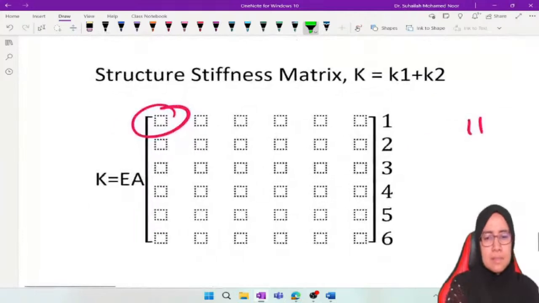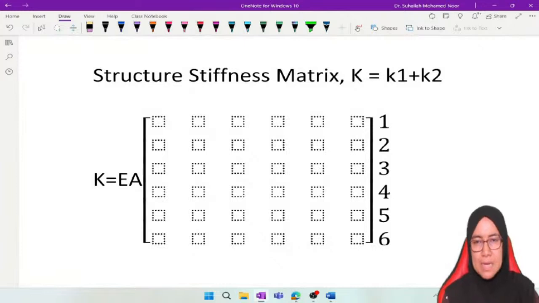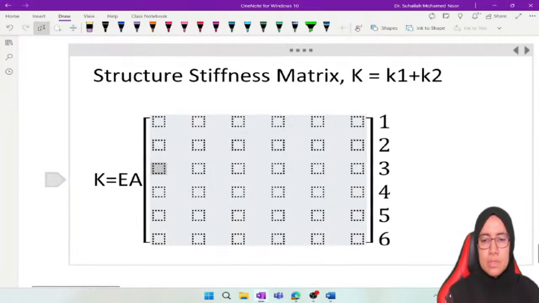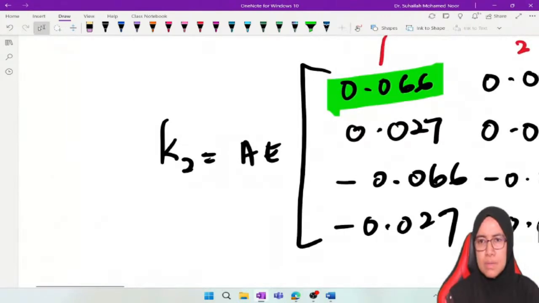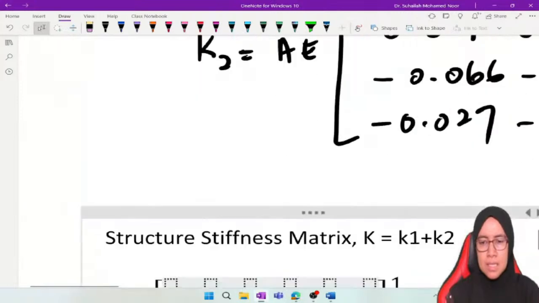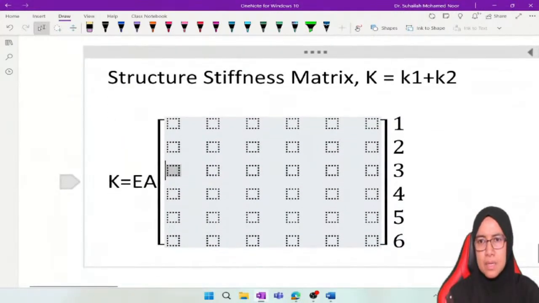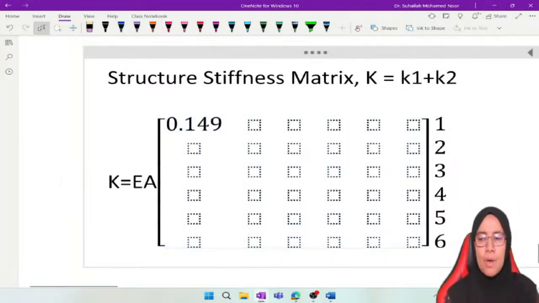Please find the value of 1,1 in the structure stiffness matrix. 0.066 and 0.083. What is the answer? 0.149. So this is 0.149.